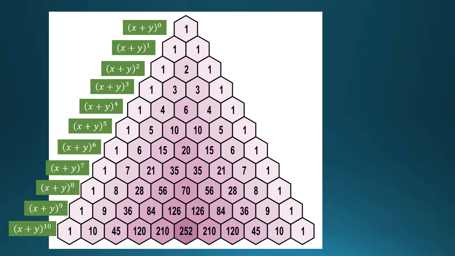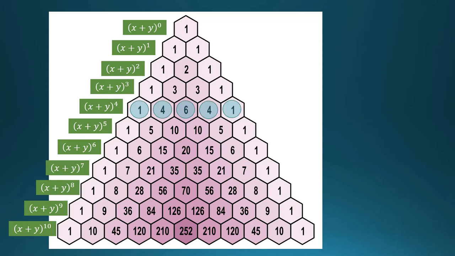What other pattern can we see from the expansion of a binomial? Let's pay attention to x plus y raised to 4. How many numerical coefficients do we have here? We have 5. So that is telling you that when you raise a binomial to an integer exponent n, the number of terms of the expanded binomial or polynomial is going to be n plus 1. 1, 2, 3, 4, 5.